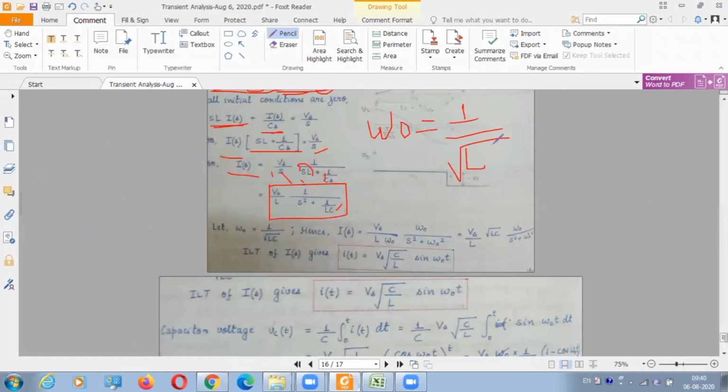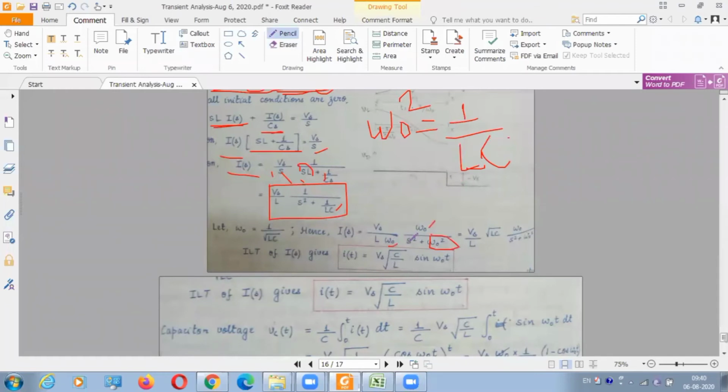So instead of 1 by LC, can I write omega naught square? So this square root will be going out, and we'll have LC over here. So we are replacing this 1 by LC by omega naught square and multiplying omega naught over here.